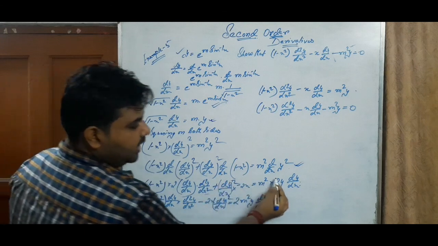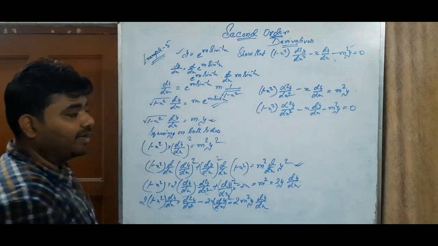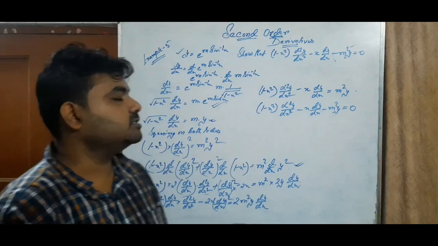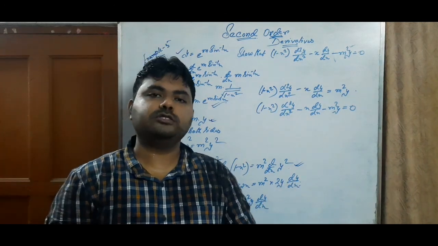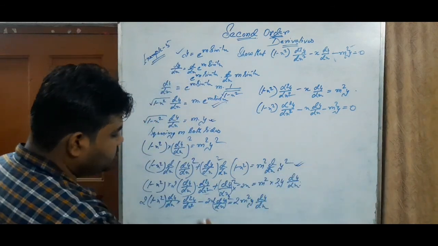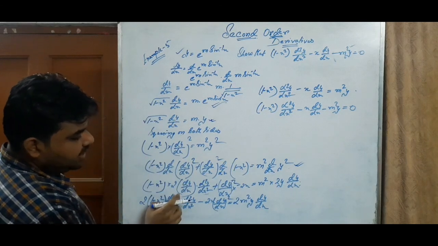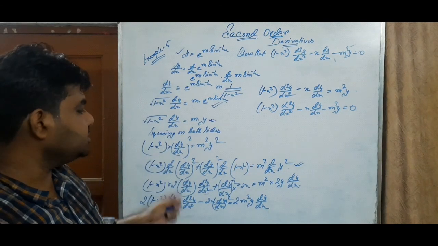Now m square into d by dx of y square means 2y into dy by dx. Why dy by dx? Because we are differentiating y with respect to x. That's why we have to write dy by dx over here and also over here, since we are differentiating dy by dx with respect to x. That is the second order derivative.